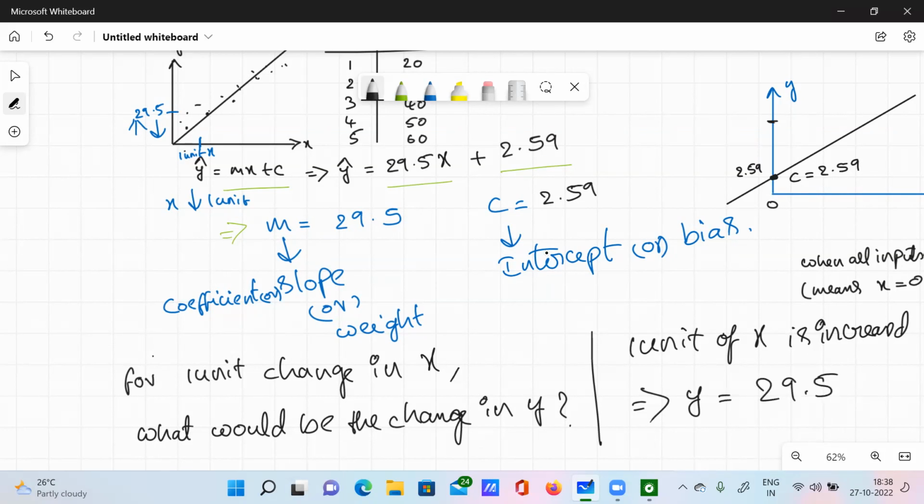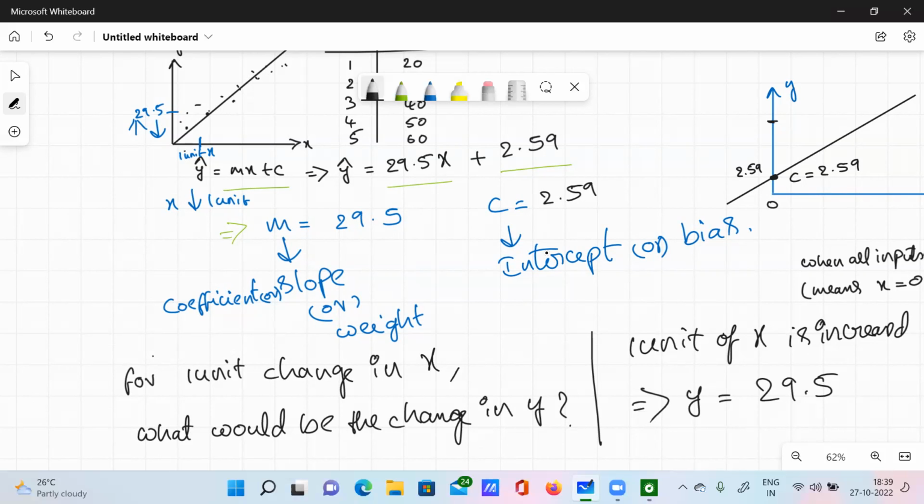If 2 units of x are increased, then what happens? 29.5 plus 29.5, that would be the value of our y. Did you get that? For 1 unit of x, whether it is increased or decreased, it should apply the same for the y also.